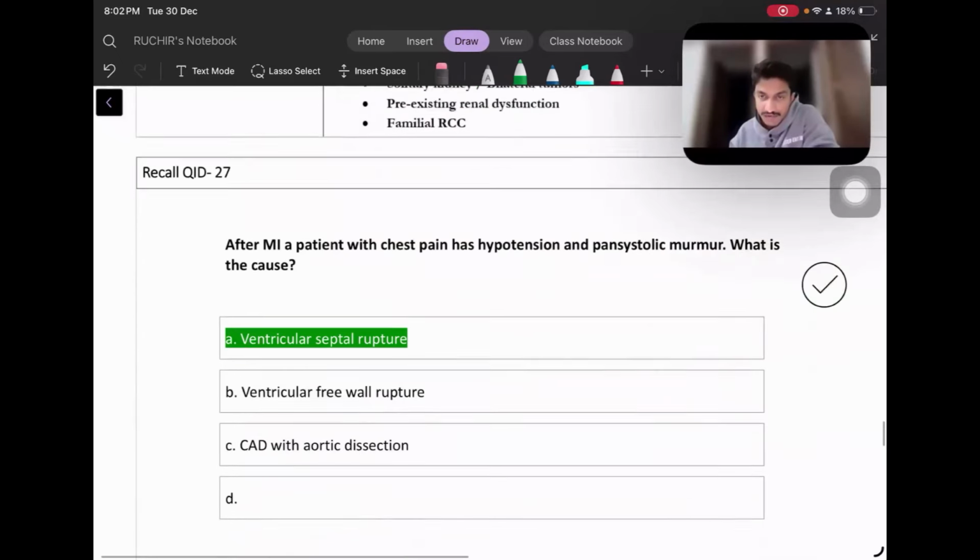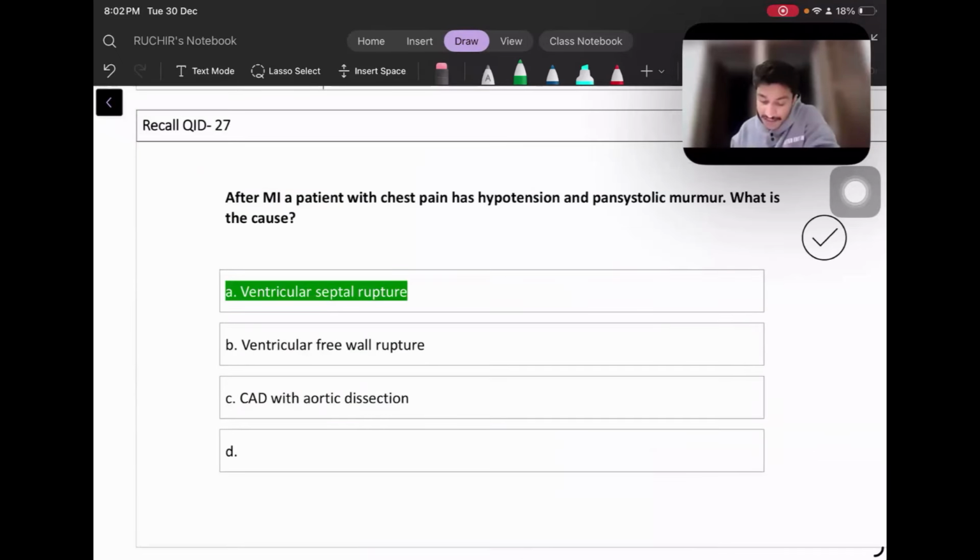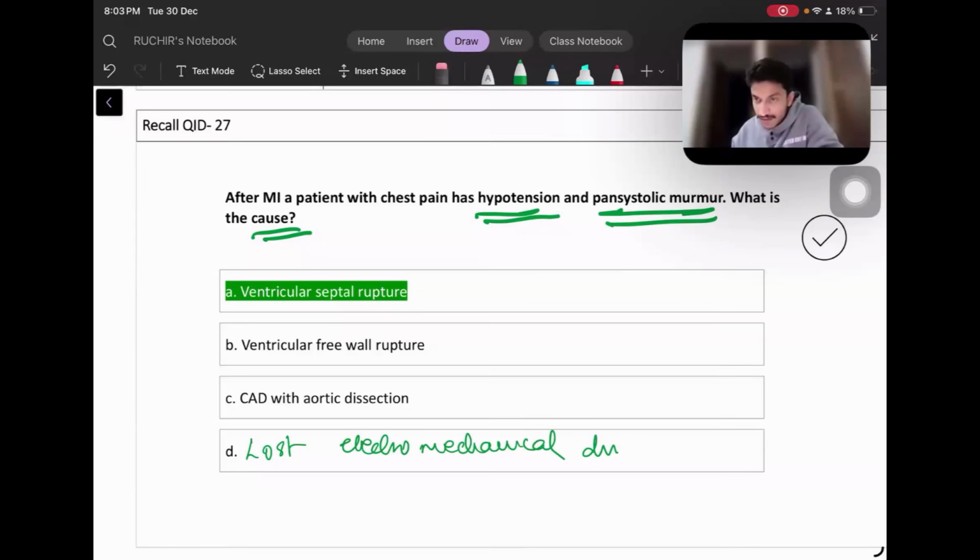Next question: after MI, a patient with chest pain has hypotension and a pansystolic murmur. What is the cause? Can you help me out with the fourth option, and is there any issue in the question stem and the options? Please let me know. Okay, electromechanical dissociation. After 3 days.